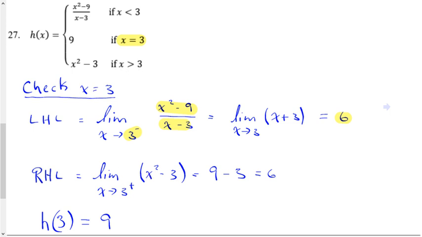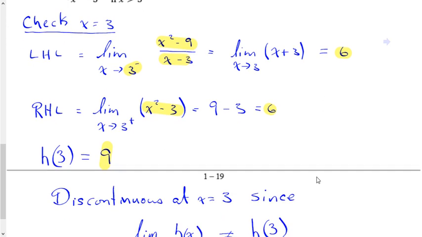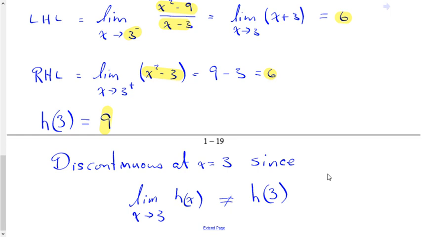I plug in the 3, and again it evaluates to equal 6. So the limit exists when x is equal to 3. But we see the value of the function is 9, not equal to the value of the limit. Therefore, this function is discontinuous at x equals 3 because the value of the limit is not equal to the value of the function. That finishes off this lesson.